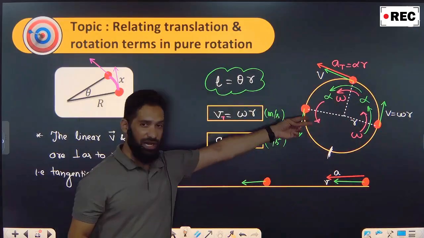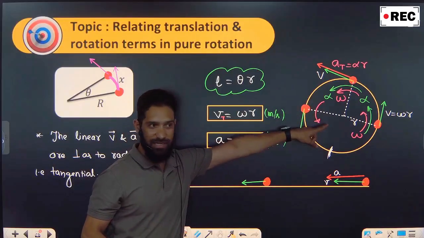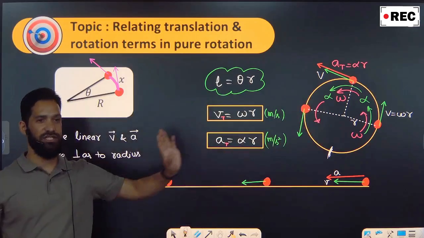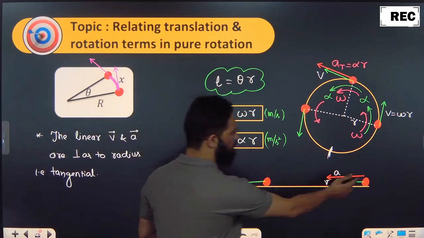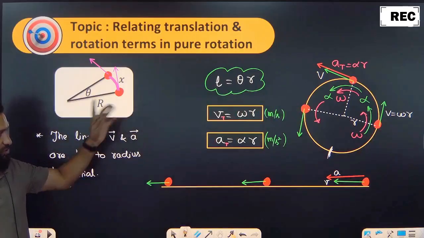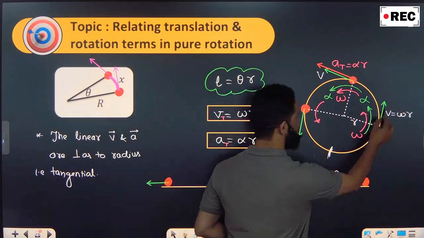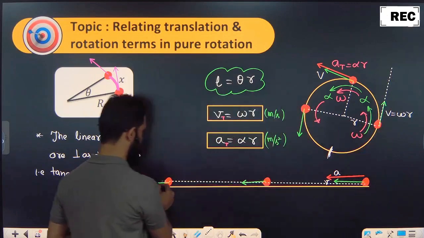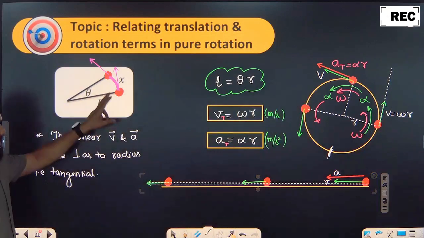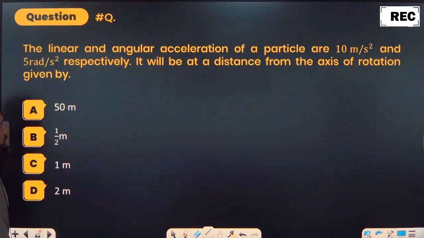So the omega and alpha here have a relation with v and a. These are called tangential because, as you can see, this road is now the tangent to this circle. The direction of the road is actually tangent to this circle. This is tangent. Got it? That's why these are called tangential. Remember, these are called tangential.